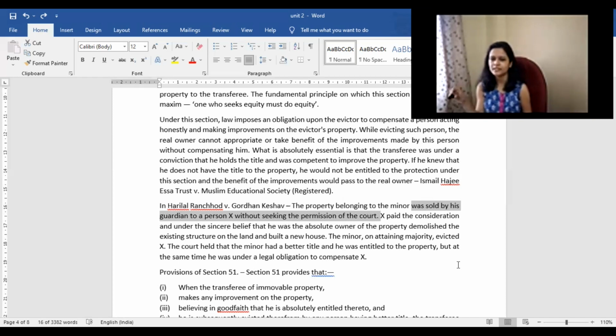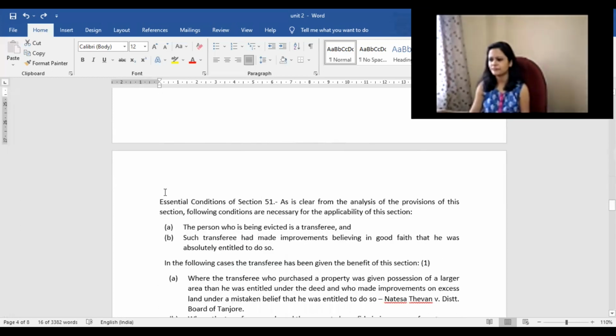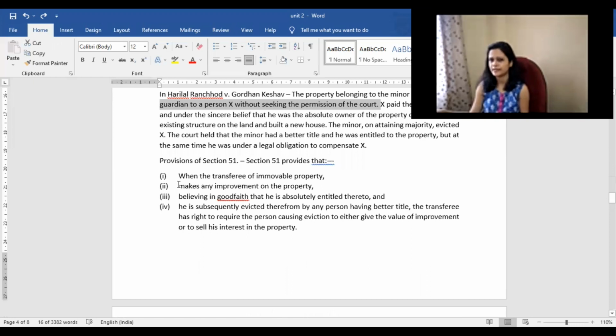So you either compensate this person, or if you cannot afford to compensate this person, or you don't think that this building or house is going to be of use for you, then in such a case, you can also sell the property to this person. So this minor would have two options in that case. You either pay this entire improvement amount to the person, or you sell the property, like you agree on whatever sale was done by your guardian. Okay, so those are basically the two alternate options which will be given in case this section 51 is applied.